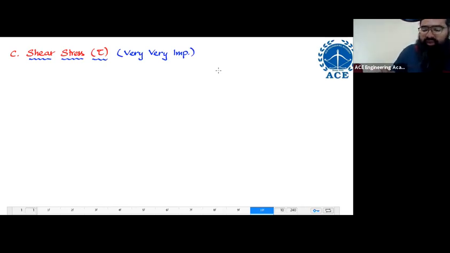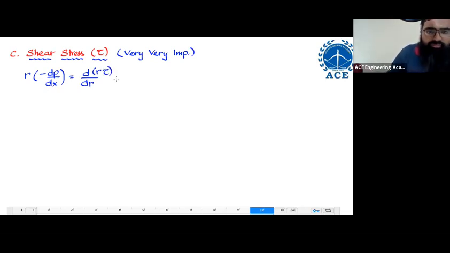Now, the equation of shear stress. I'm going to start with the governing equation. The governing equation told me some time back that R into minus dP upon dx has to be equal to d by dr of R times tau. This equation you have to accept.